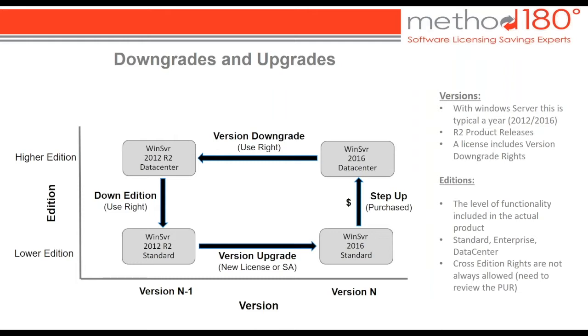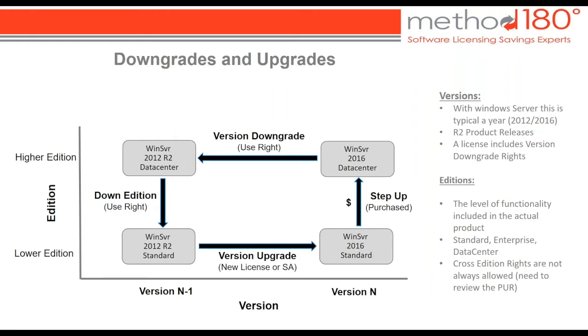So I have to look and say, okay, what's the highest edition, what's the highest version? Is it Datacenter, Standard, maybe even Enterprise if you've got some older 2008 servers out there. And so you really have to look at those licenses to figure out, okay, how can I license that?